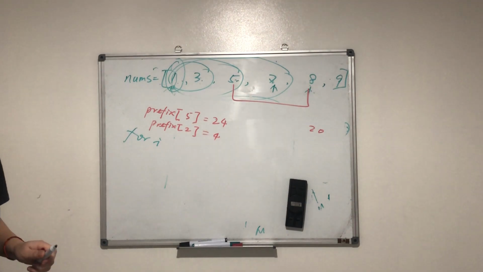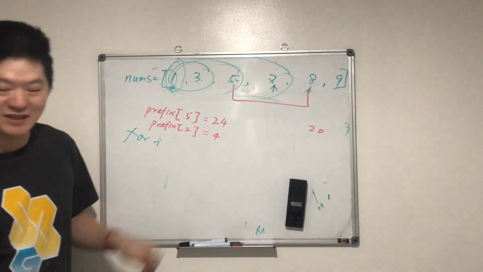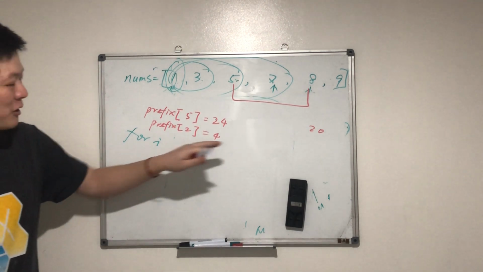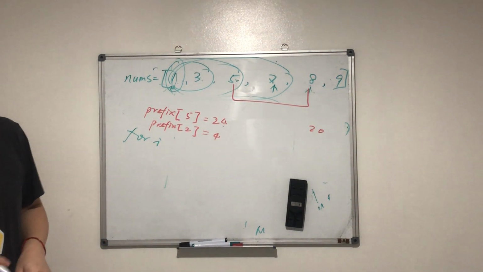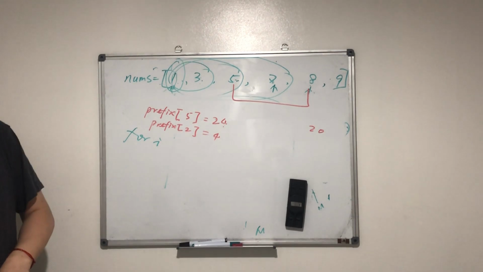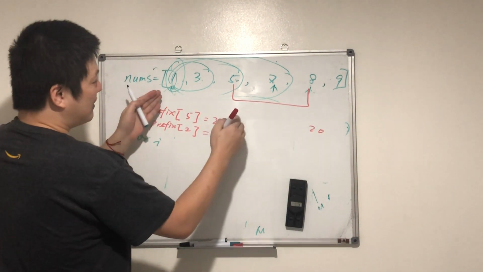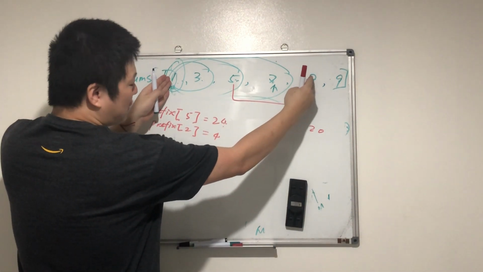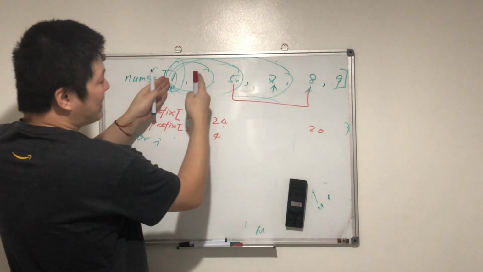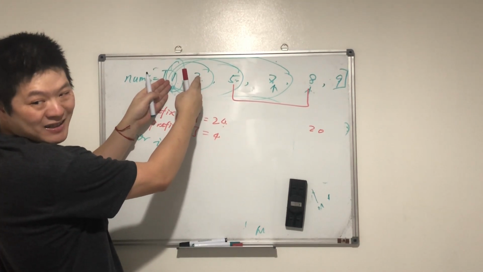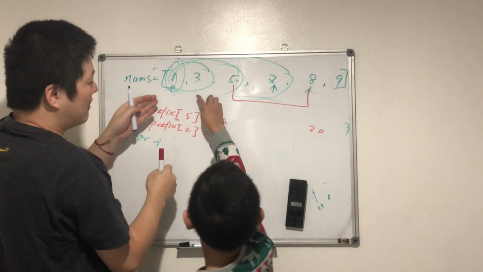So do you see how we can get 20 from this? How can we get 20 from 24 and 4? We subtract. Why can we subtract? Look, prefix 5, I know the sum of these 5 numbers is 24, and I know the sum of the first two numbers is 4.